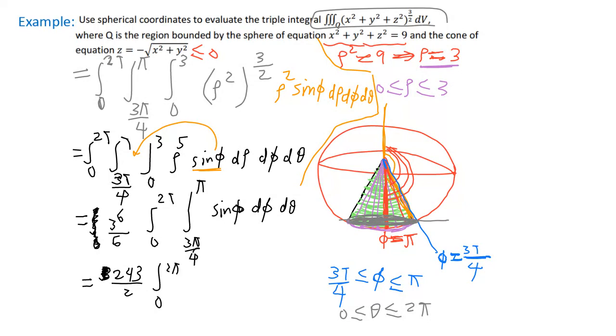Now the antiderivative of sine is minus cosine. Yes, minus cosine pi, which is 1. So this is minus cosine phi from 3 pi over 4 to pi.